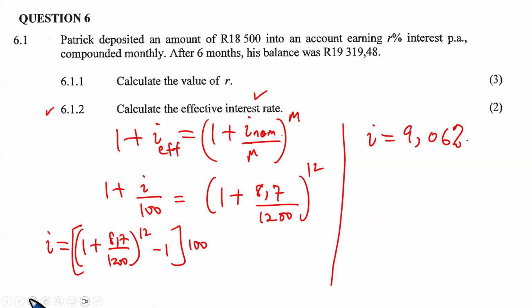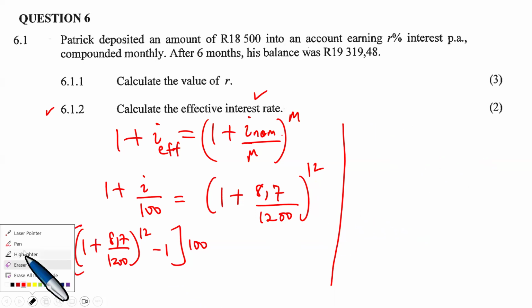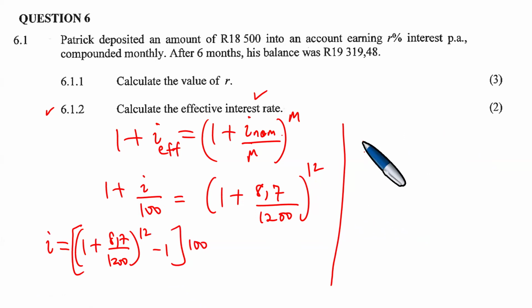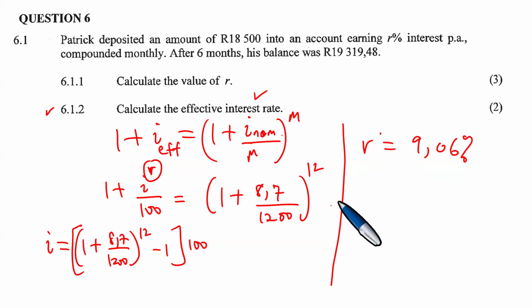At this point, the common tendency is to write the following. Because we know that i over 100 is R, the best is to say R is 9.06%, where you view these as an R. So it becomes exactly R equals 9.06%, and you can write it in that sense.